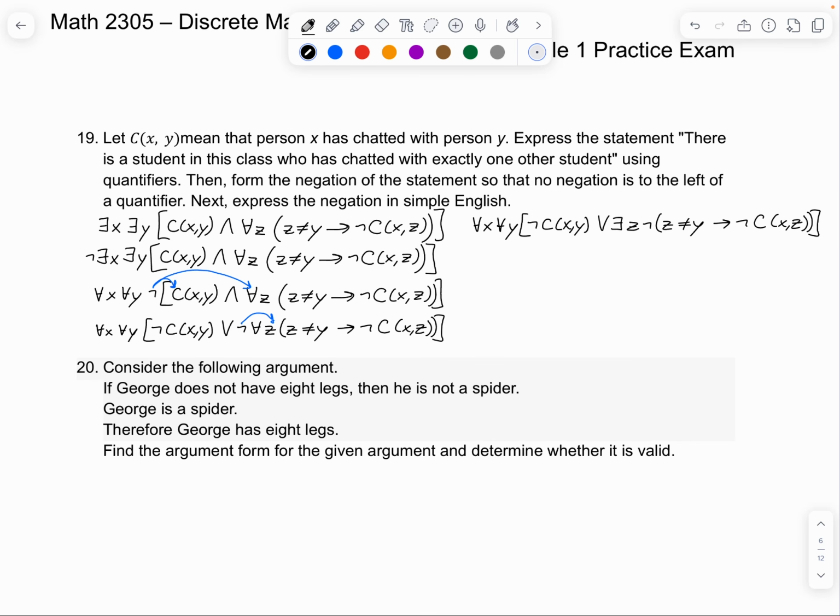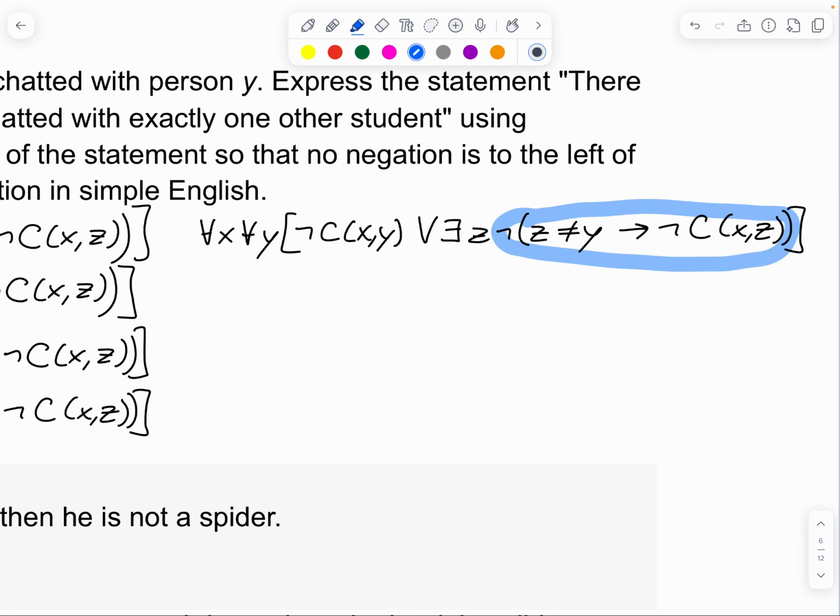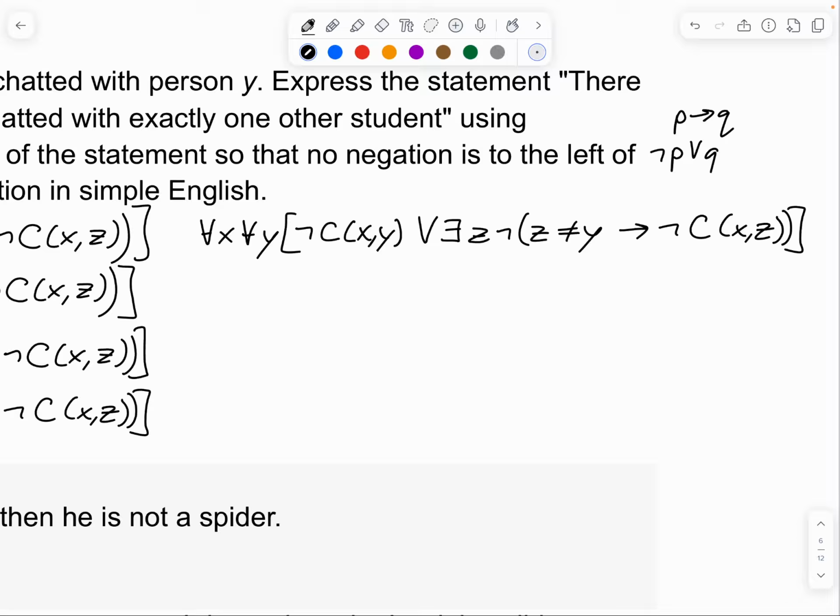So I could write it in simple English as it is. But in the answer key, I did a few more steps just because this part is hard to understand. It's hard to know what it means that something is not implied. So to fix that part, I ended up changing it using, if you remember, P implies Q is the same as not P or Q. So I wrote that.